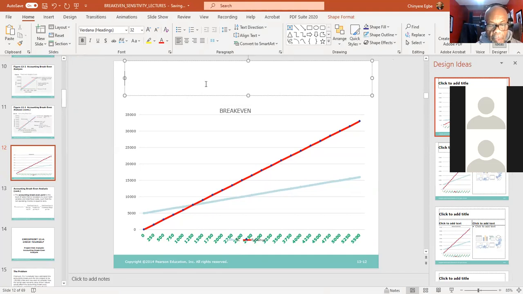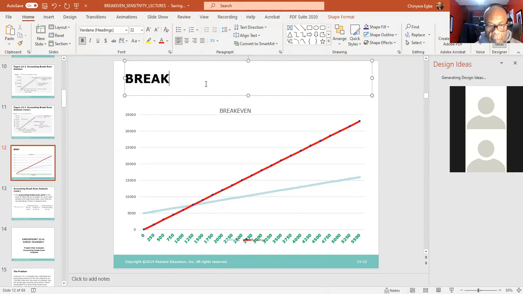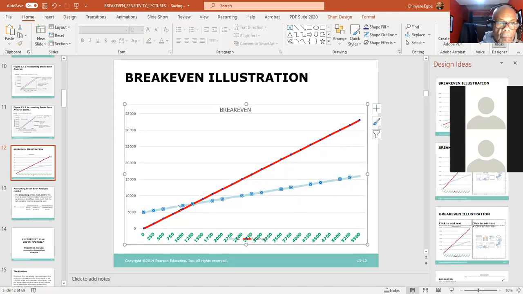So this is a break-even illustration. You just have an additional illustration besides what you already have.